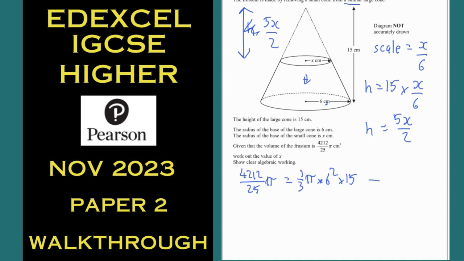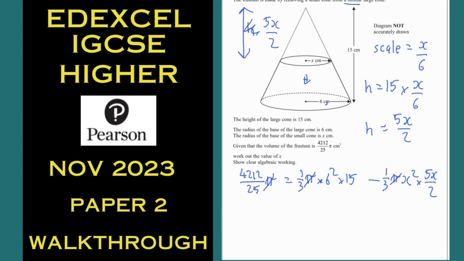And we know a little bit about it. It's going to be 1/3 times pi multiplied by the radius squared multiplied by its height, 5x over 2. Now, first of all, let's do a bit of tidying up. The pi's cancel throughout.